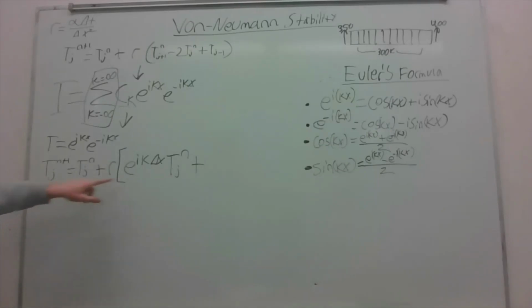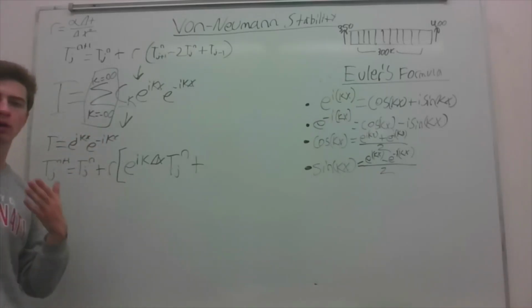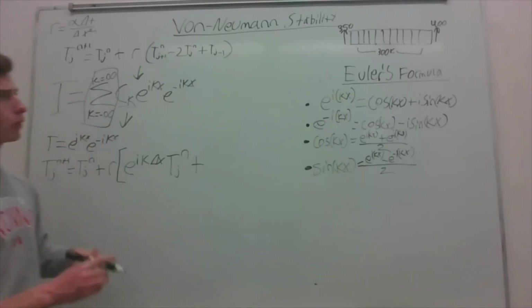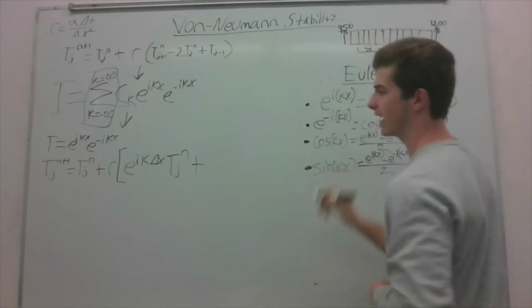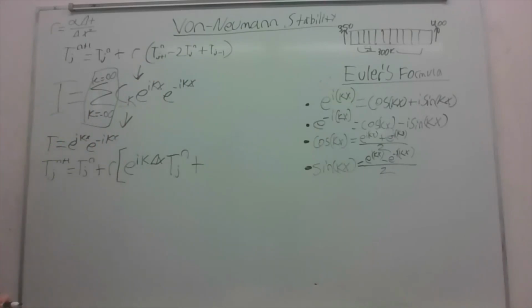All we did here was substitute e to the I k x in front of T j n and replace x with delta x, because that is our area of focus. Remember, just like the bar problem, we define each little segment as a delta x variable. So using Euler's formula, you can find the simplified version of T, solve for T, and then substitute that in over here. Let's keep going.